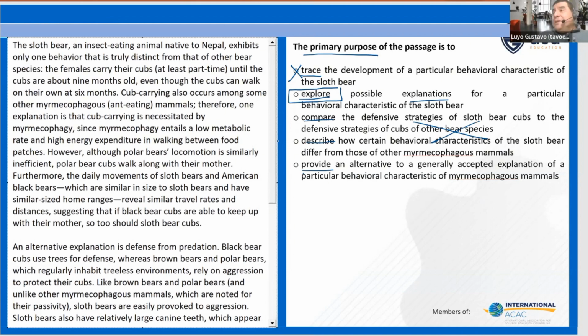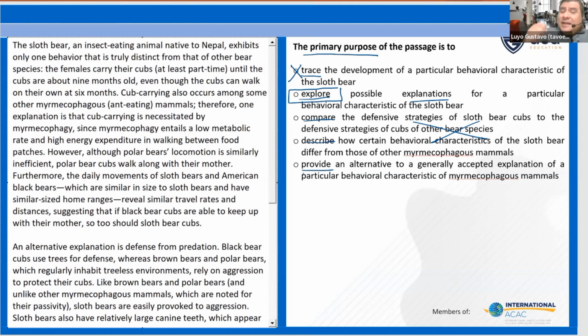So what about the fourth? Describe how certain behavioral characteristics of the sloth bear differ from those of other myrmecophagous mammals. Is that really the point here? It's true that this writer identifies some behavioral differences between the sloth bears and other so-called myrmecophagous mammals.